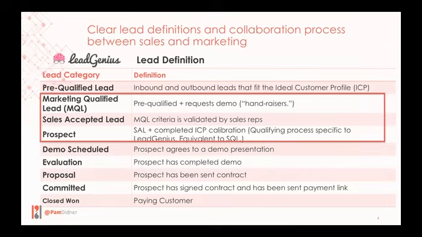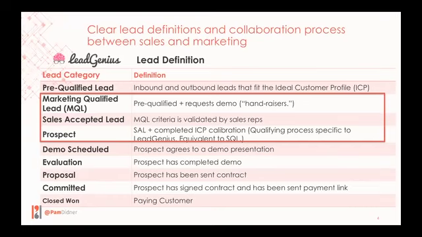For example, this is a great example from Lead Genius, and I love the way they define the lead category and also the definition. Right here, they made it very clear, pre-qualified lead is inbound and outbound leads that fit ideal customer profiles. Obviously, they have an ICP they identify.